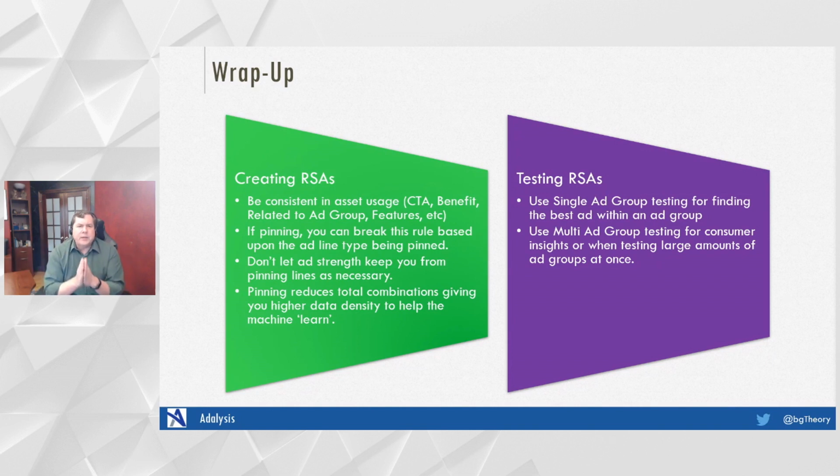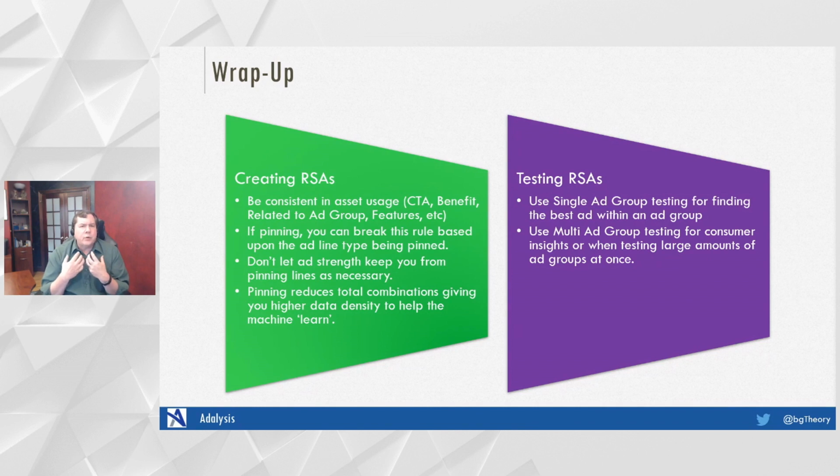What we're really thinking about is pinning reduces total combinations. So instead of 47,000 combinations when we include headlines and descriptions, or 210 combinations when we just look at headlines, we're saying let's use 9 or 27 combinations. So we get better data density, which means the machine has less total options, overall better data, so we can make better decisions, right?